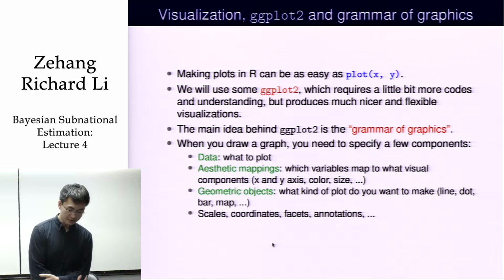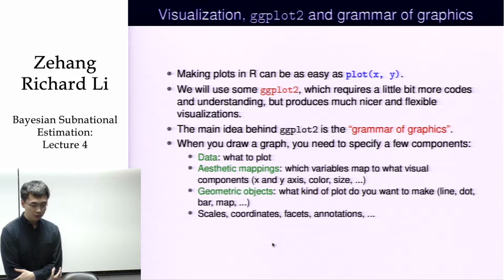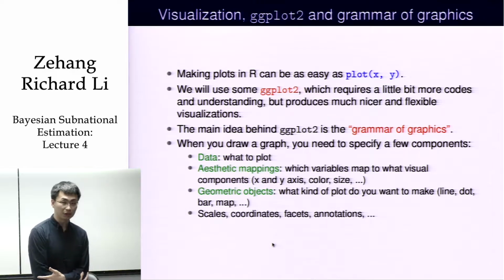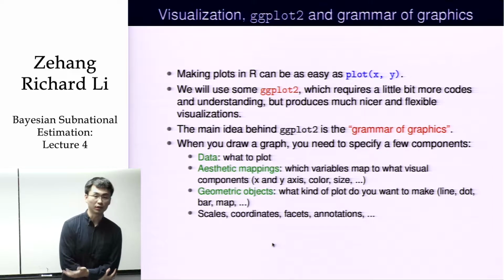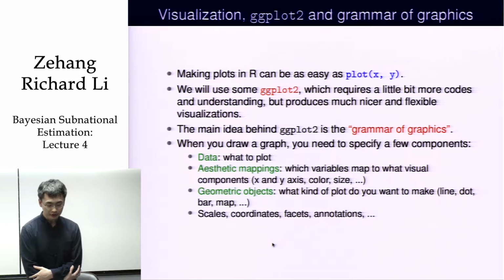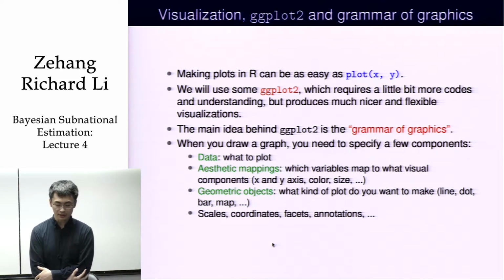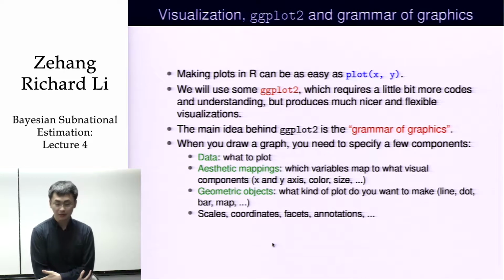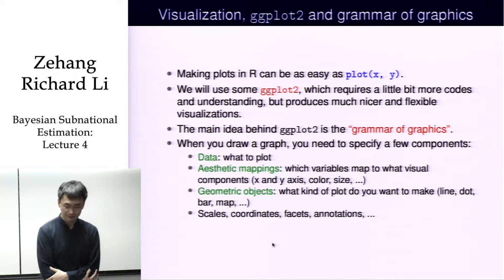And then you need to specify something called geometric objects, which says what kind of plot you want to make: whether you want a line plot, dot plot, bar plot, or, for maps, whether you want to plot polygons. Later, as you see the code, a lot of the time we will write something like geom underscore line, which says that we're going to make a line plot.